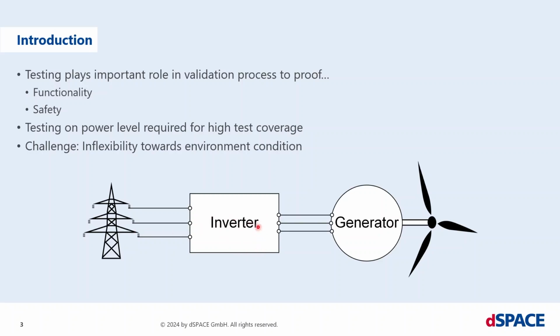The problem is we have to test this inverter, and best case is we have to test this inverter in different operating points. So it's very hard to test it in the real environment because we cannot modify, let's say, the wind conditions. For example, if it's a stormy condition or if we have no wind at all.